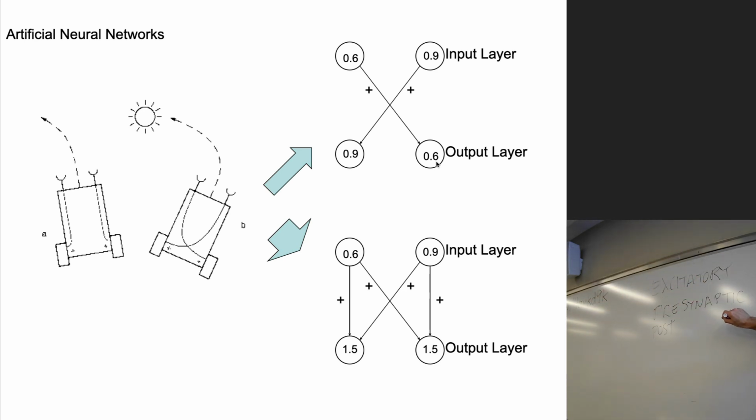So every synapse has a presynaptic and a postsynaptic neuron. An excitatory synapse simply passes along the value at its presynaptic neuron to its postsynaptic neuron. Nothing too surprising here. Okay, let's add a little bit of complexity.